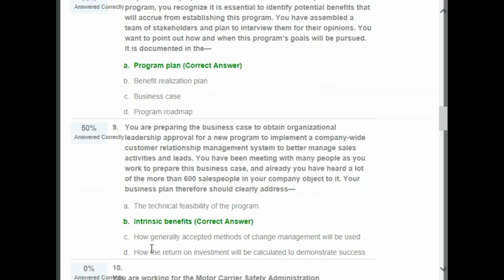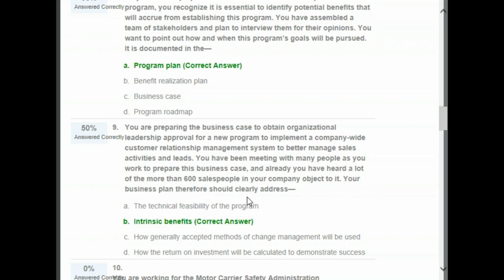Then in question number 9, one of you is correct. You are preparing the business case to obtain organizational leadership approval for a new program to implement a company-wide customer relationship management system to better manage sales activities and leads. You have meetings with many people as you work to prepare this business case, and already you have heard that a lot of the more than 600 salespersons in your company object to it.